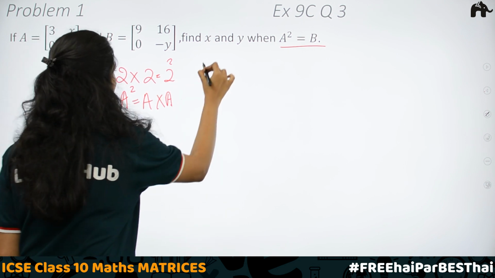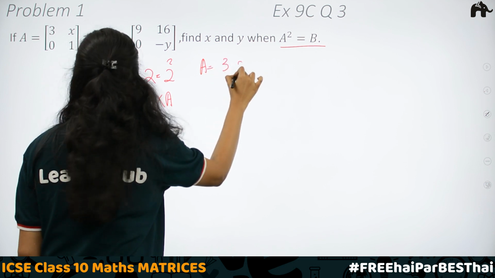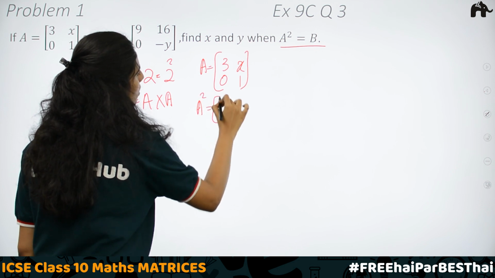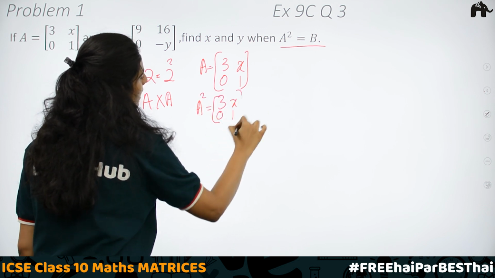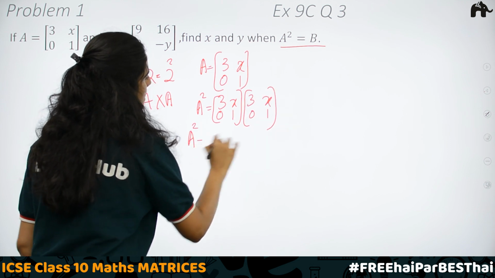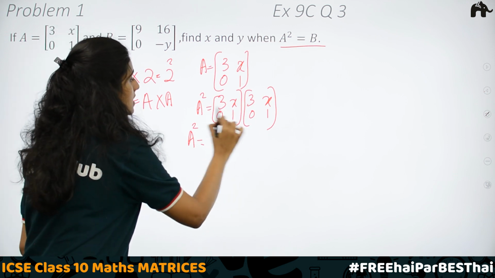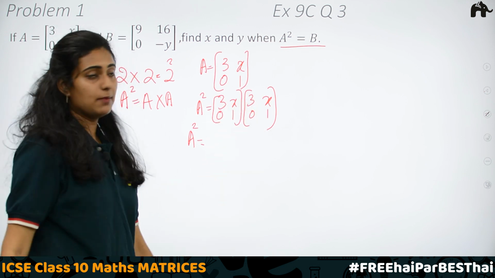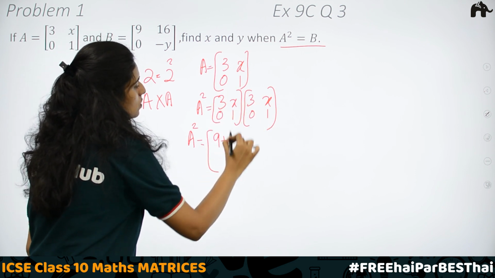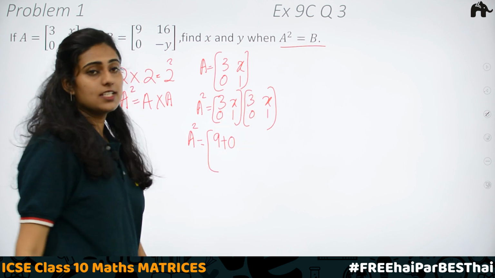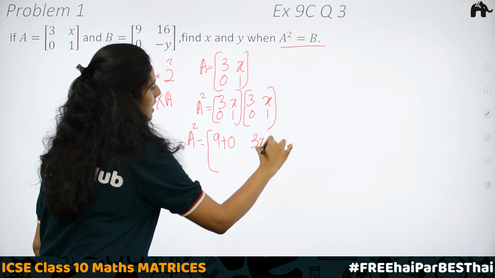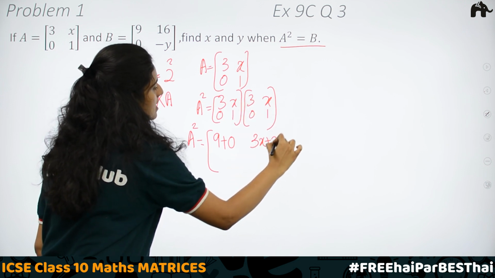Yes, here we have A is equal to [3, x; 0, 1]. Then A square will be equal to [3, x; 0, 1] into [3, x; 0, 1]. Now multiply. First row elements into first column elements: 3 into 3 is 9 plus x into 0 is 0. Now the second element, first row and second column: 3 into x is 3x plus x into 1 is x.